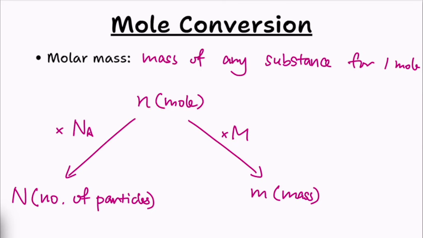If you're given the mass and want the number of particles, you'll have to do a two-step calculation. If you're given the number of particles and want the mass, you also have to do the two-step calculation. So, two formulas to remember: mass is equal to number of moles multiplied by molar mass, and number of particles is equal to number of moles multiplied by Avogadro's number.